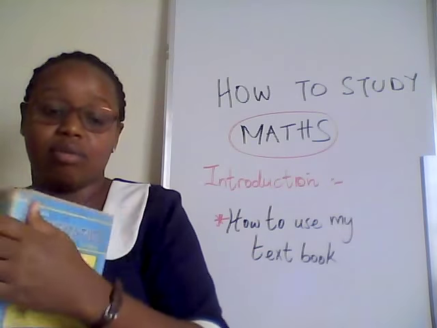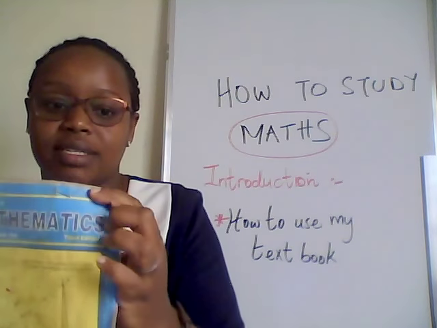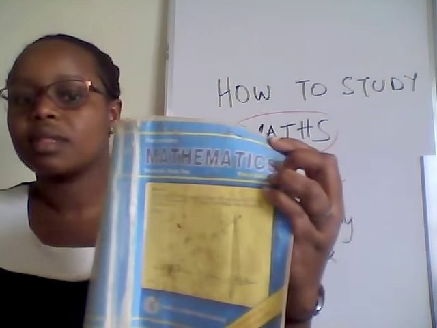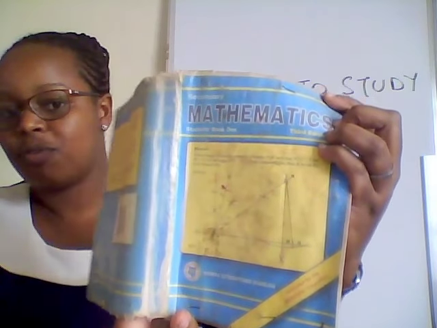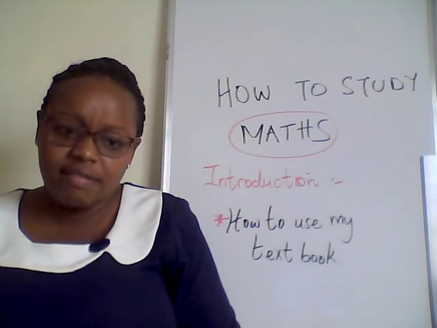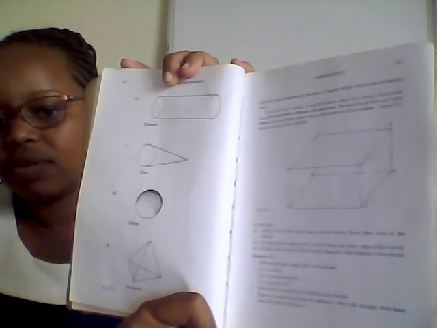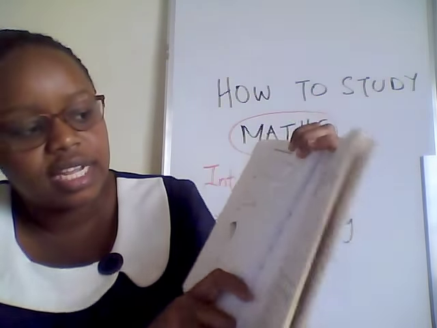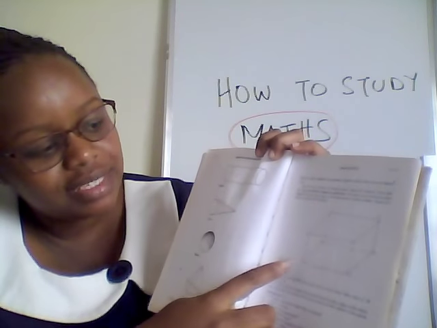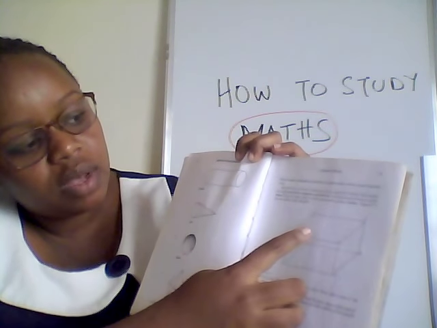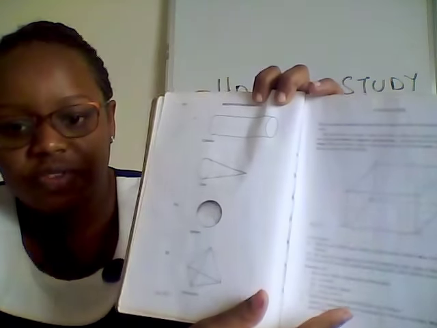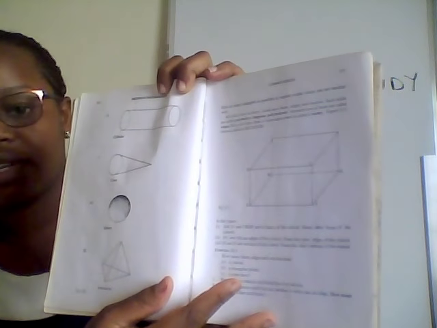Remember, this is book 1. I'm using book 1, Form 1. So even before I get, you can see other shapes that are here. And it actually explains for me what vertices are, what edges are, what faces are, and so on and so forth.